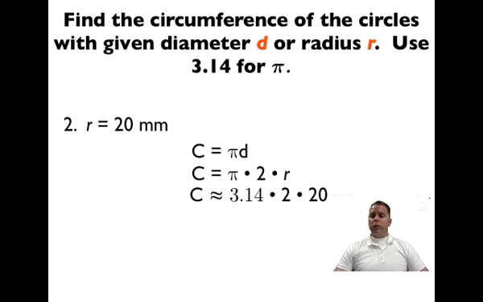So we're going to do 3.14 times 2 times 20. Pull out your calculator, see what you get. Notice again that we switched from an equal sign to approximately equal once we switched from pi to 3.14. And if we do our math, we'll get 125.6 millimeters.